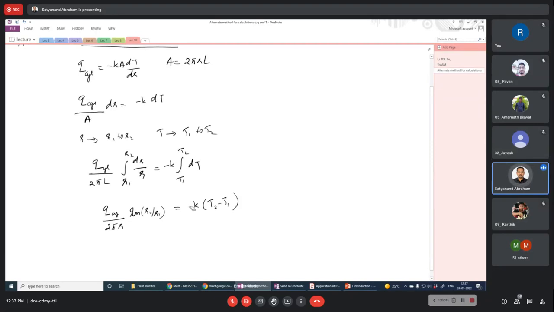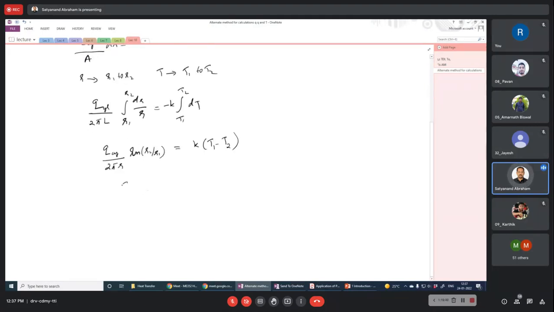Rearranging, we write T1 minus T2. Therefore Q cylindrical is equal to 2 pi L K (T1 minus T2) divided by ln r2 by r1. This is the same as equation 27.